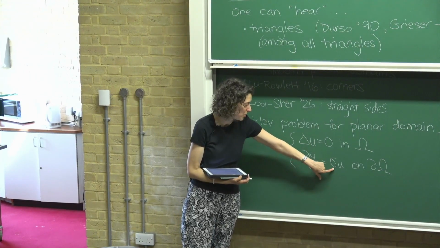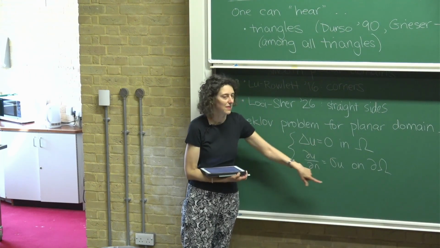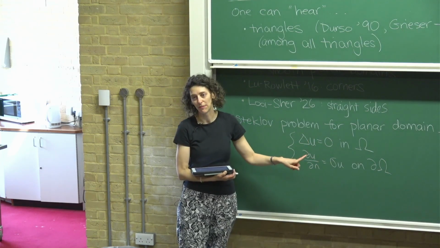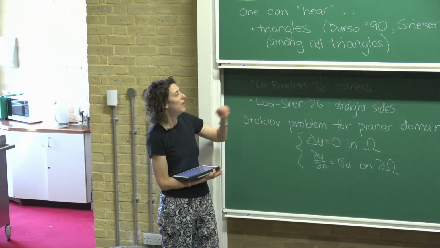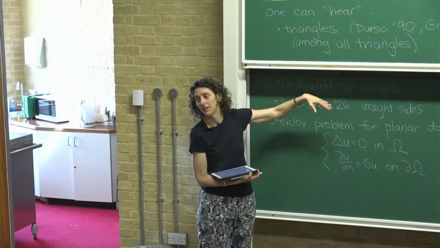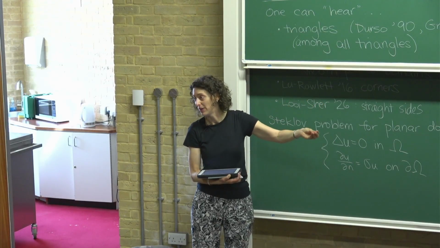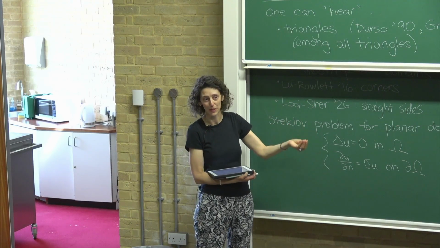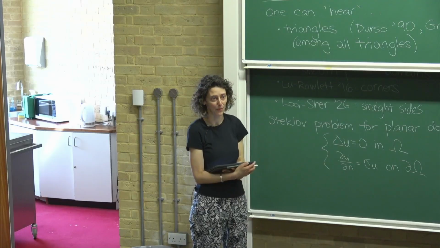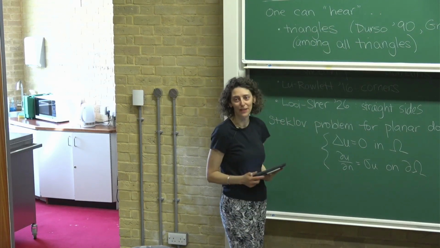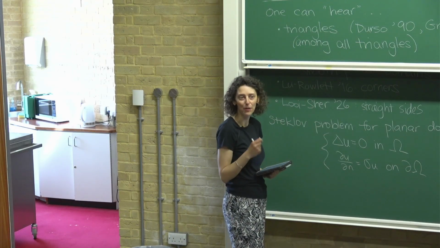Notice the spectral parameter here is seeing the boundary, which is different, but it might give you hope that we'll be able to recover geometric features of the boundary, since the eigenvalues really depend on this boundary. Hence the title. We're hoping to figure things out about the boundary.